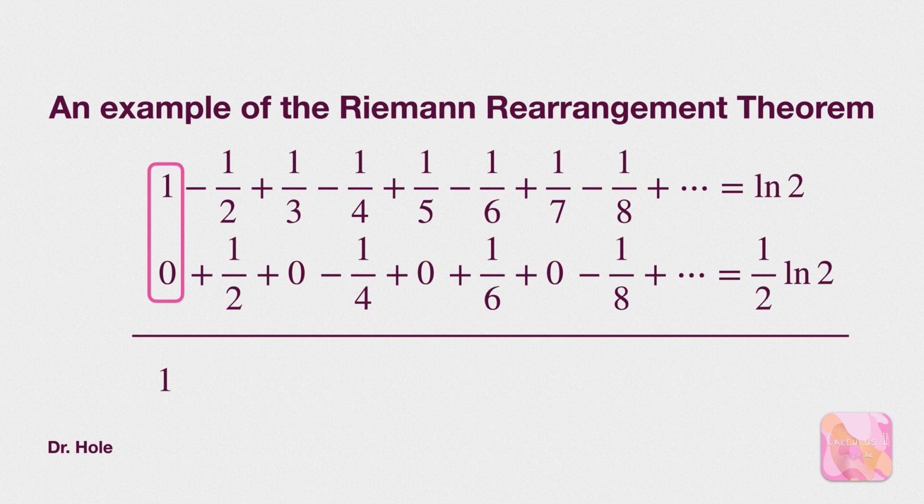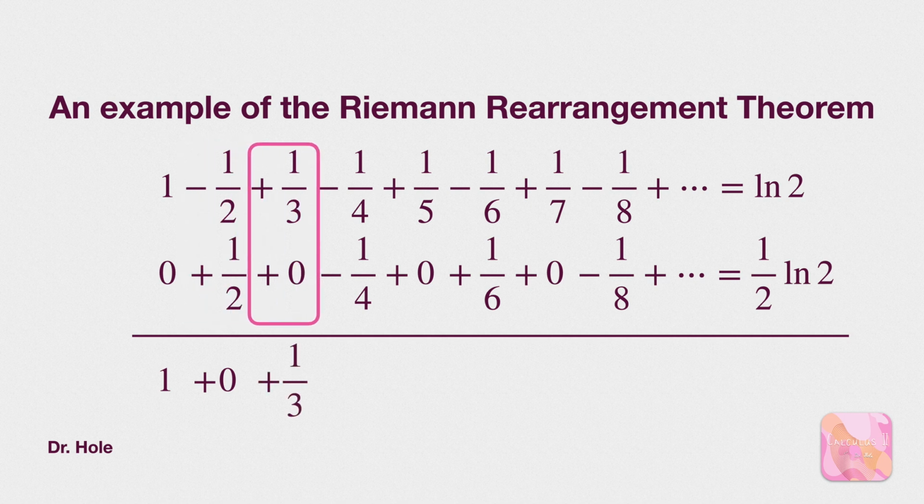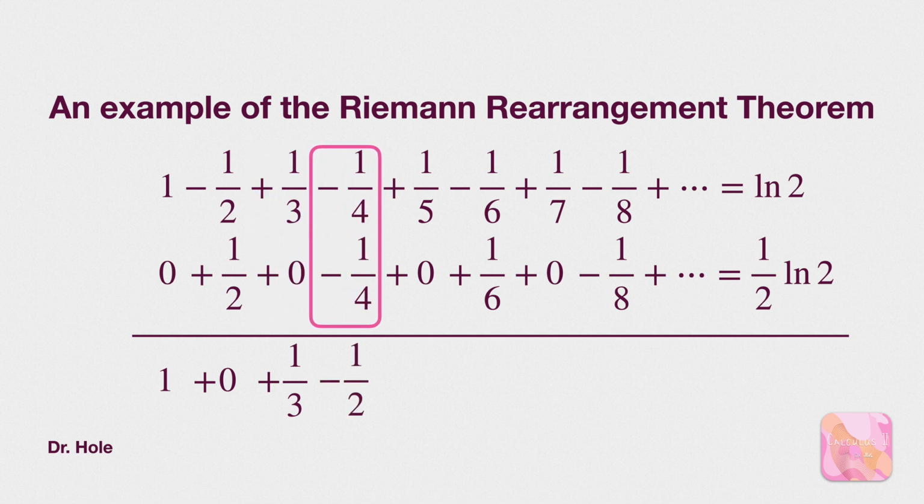So when n is equal to 1, we get 1 plus 0, or 1. Move on to the n equal 2 case, we get a cancellation. Move on to the n equal 3 case, we produce 1/3. On to the n equal 4 case, we get -1/2. The n equal 5 case, we get 1/5.